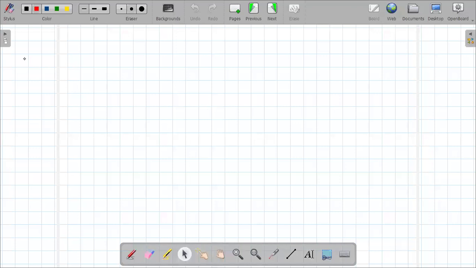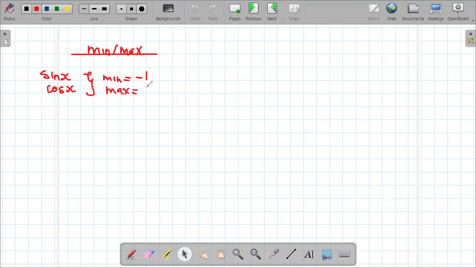Let's talk about the minimum and maximum issue. For sine x and cos x, these are the normal graphs. Their minimum and maximum don't change. The minimum equals -1 and the maximum equals +1.